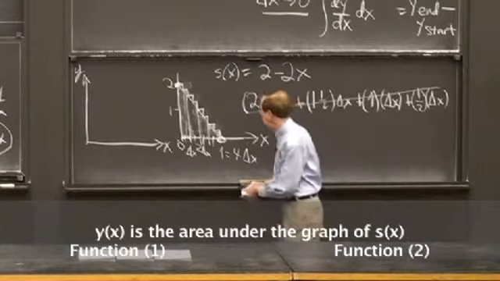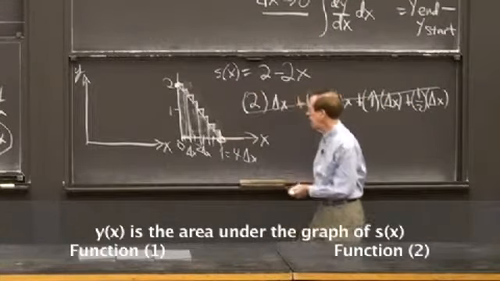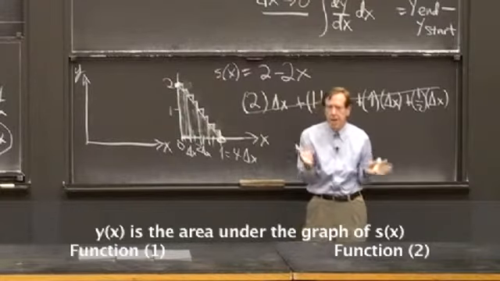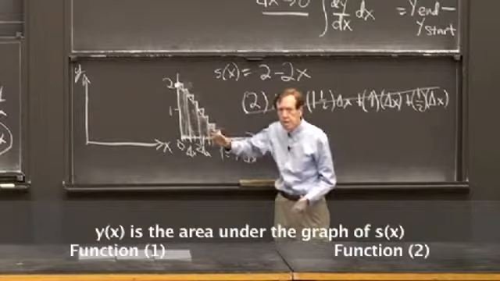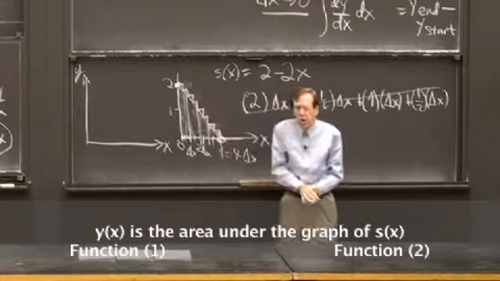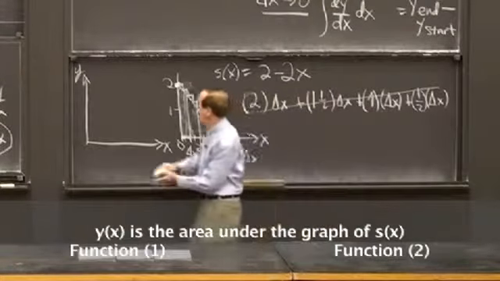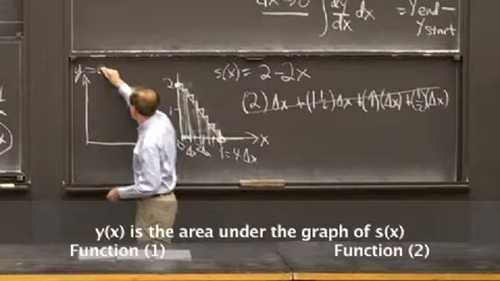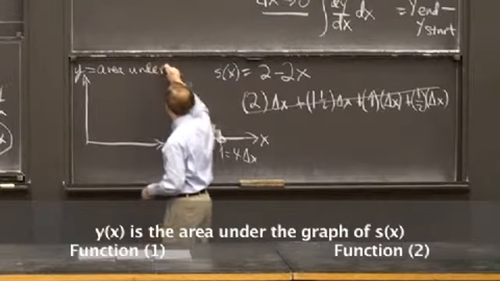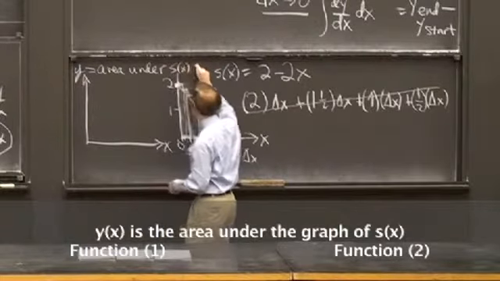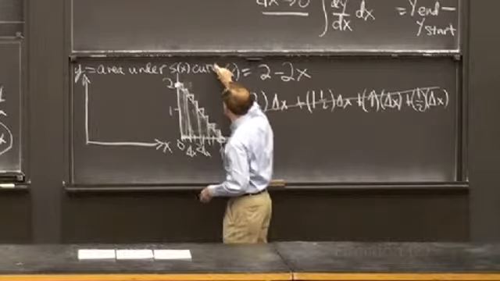the total height at 1 is going to be, this is the moment, the area under the slope curve. This y turns out to be the area under the s of x curve, or line.